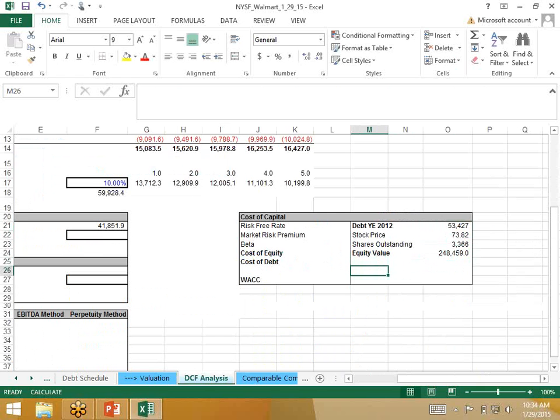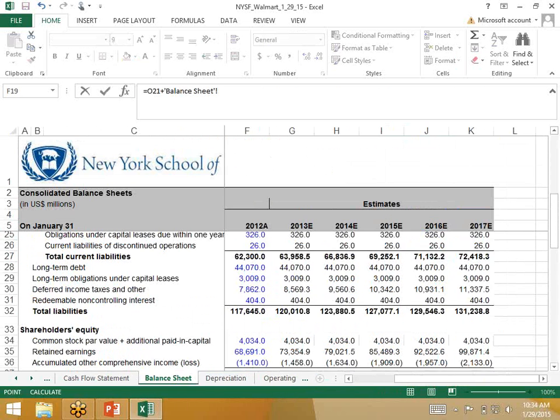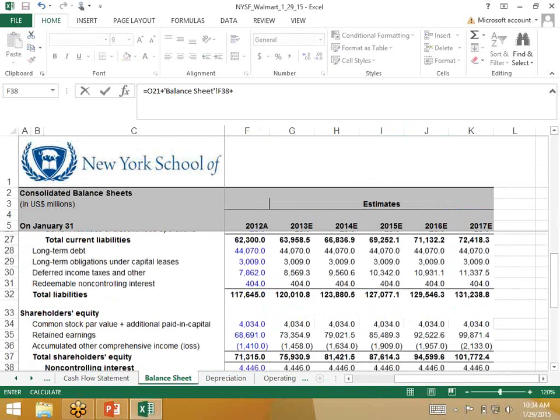To make it simpler, I'm going to calculate here net debt, even though this isn't in the book. Net debt is going to be equal to the total debt plus minority interest. I'm going to go to the balance sheet. Now I'm going to add in non-controlling interests. And there's another piece of non-controlling interest here.